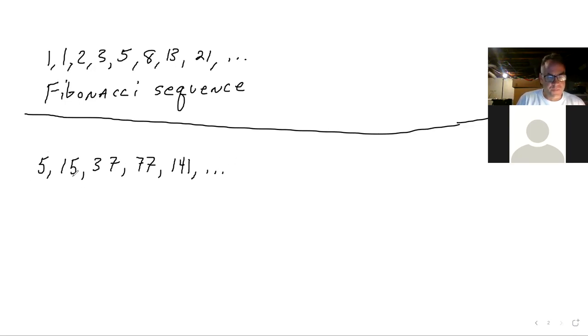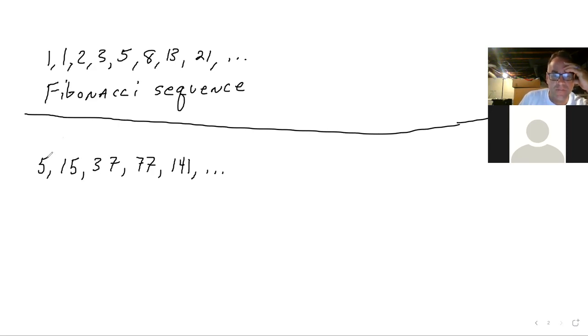If I went to see if it was arithmetic, I would say quickly no. 15 minus 5 is 10, but 37 minus 15 is going to be 22. So right there, we don't have a common difference.